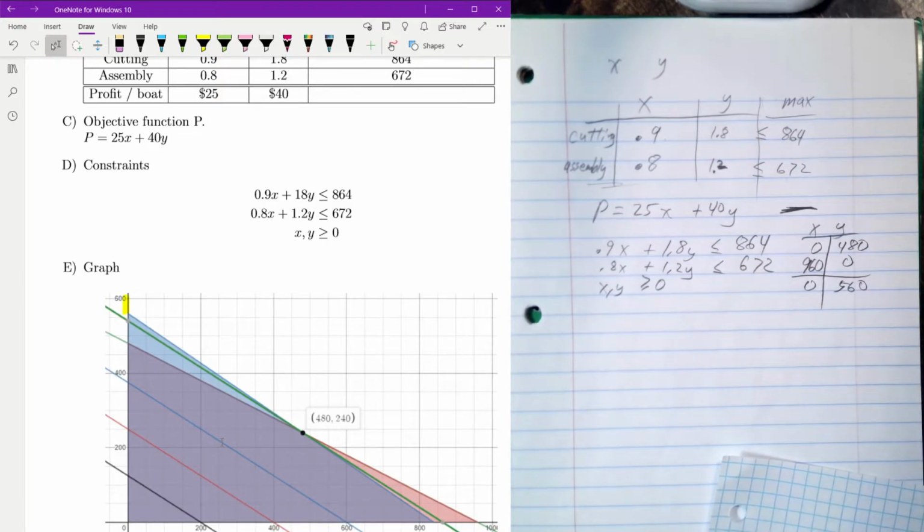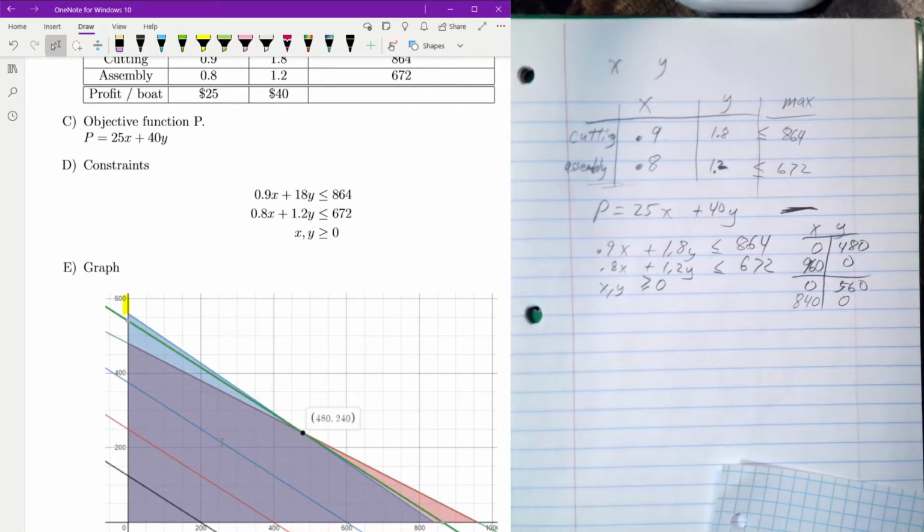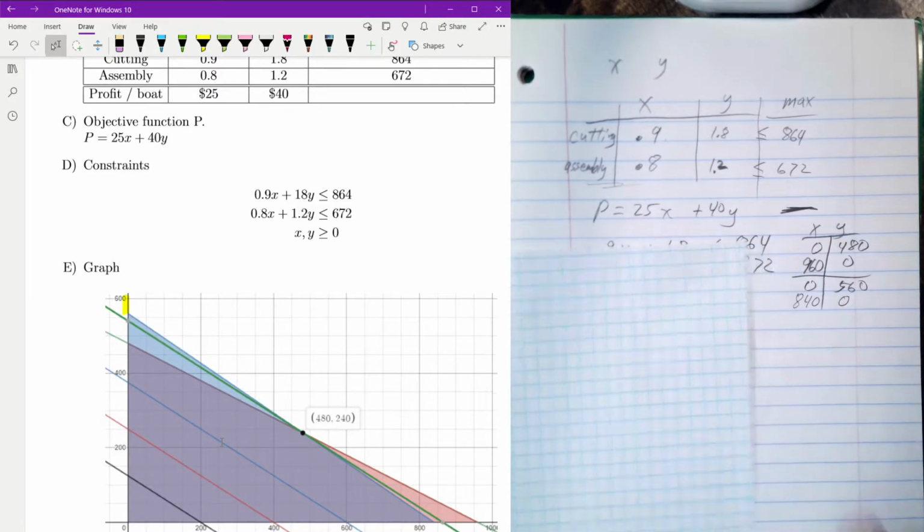And 672 divided by 0.8 equals 840. So we can graph these out.